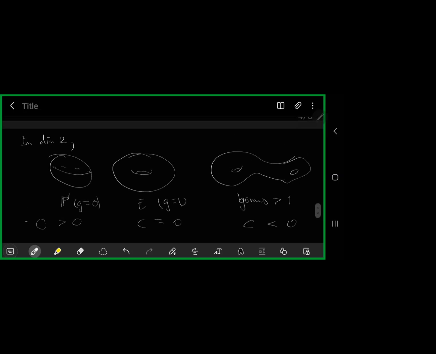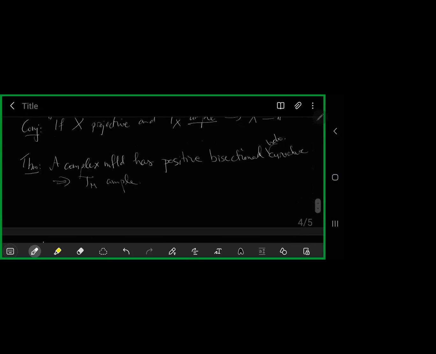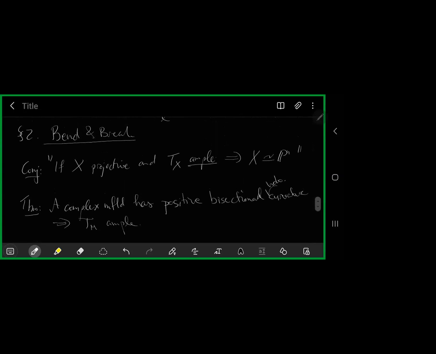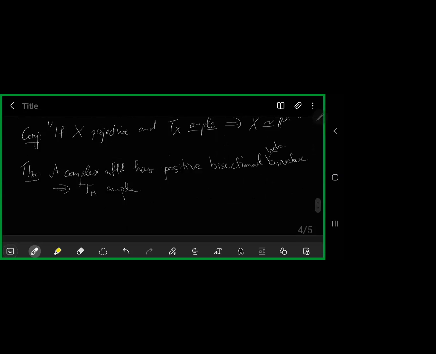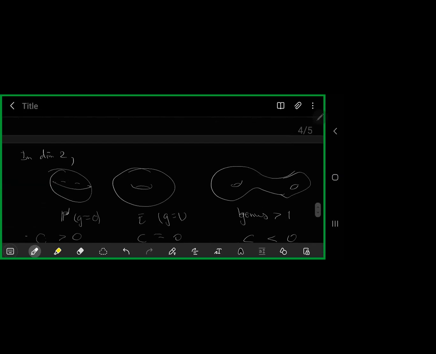But in higher dimensions, it's entirely not clear what to do. What Mori thought of doing was, if we have curves in our space that are straight lines, if they're really like P1s, and we restrict along those curves, those give us some restriction on the curvature.